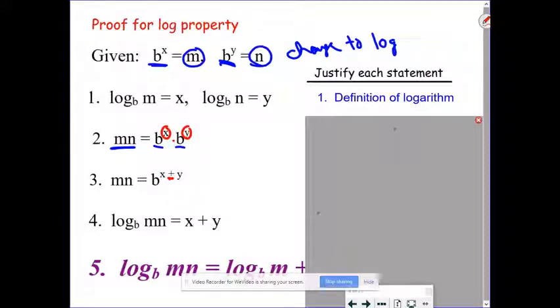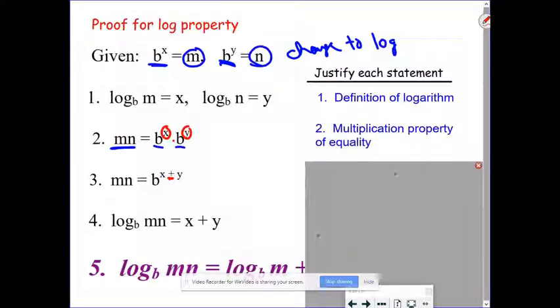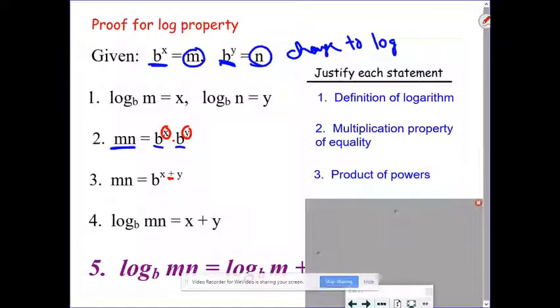So at this point, this is all stuff that you've done. So now, where do we go from there? I'm going to rewrite it back now in log form. The base of the log becomes the base of the exponent, the base of the exponent becomes the base of the log.